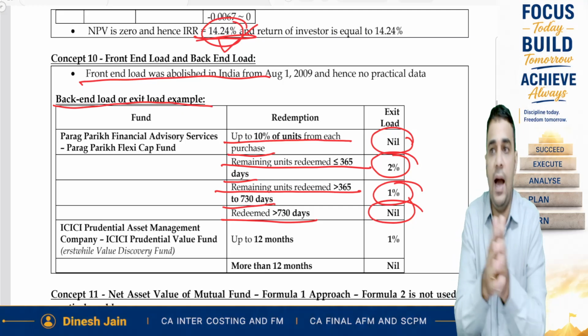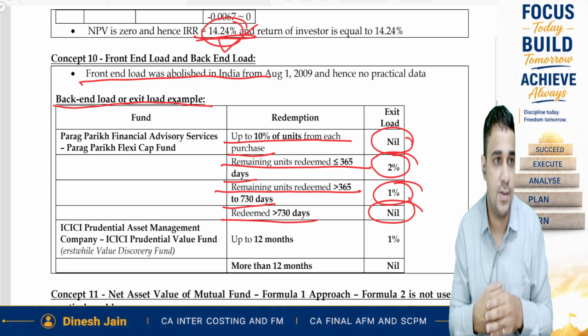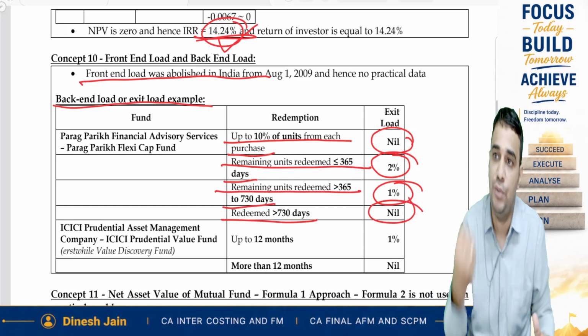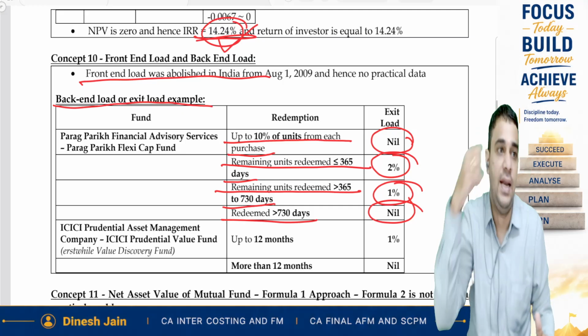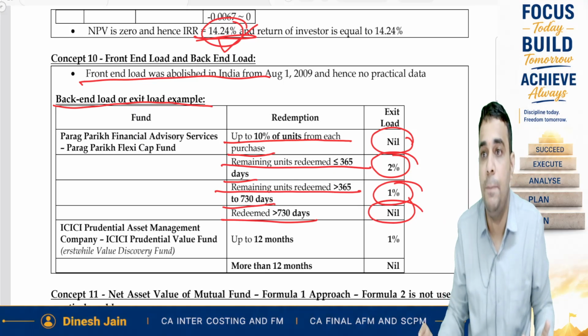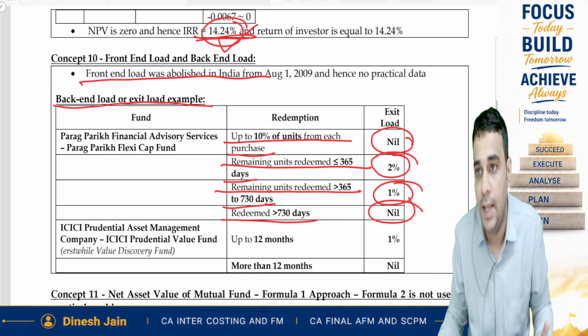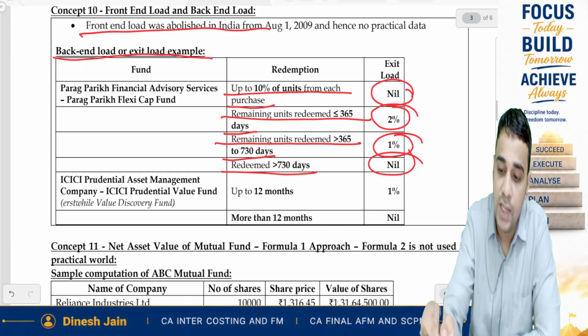If you keep doing this, the AMC is under stress. Why stress? The money they take from you, they invest it. Suddenly you want to exit, they have to sell their investment and give you the money. So mutual funds don't want people to randomly enter, randomly exit. To discourage this, they charge an exit load.